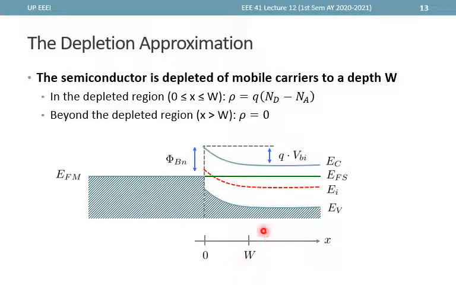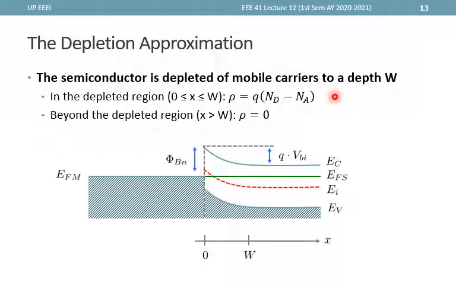Now, just like what we did in our PN junction diodes, we use this equation. Rho is equal to Q times Nd minus Na. Since at the depletion region there are no more free electrons or holes, we simply remove the plus P minus N here.